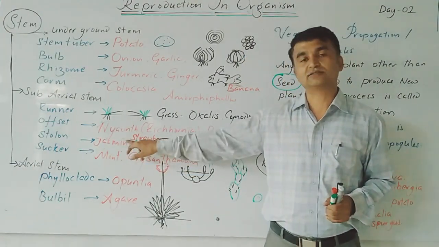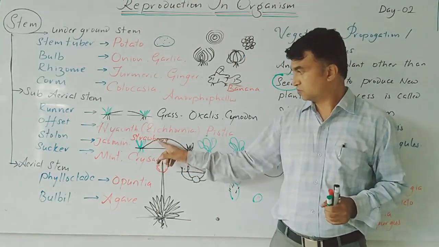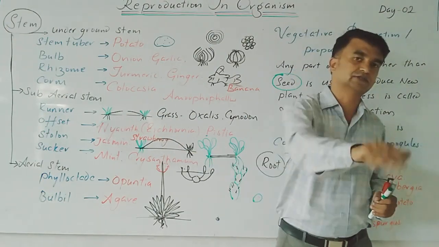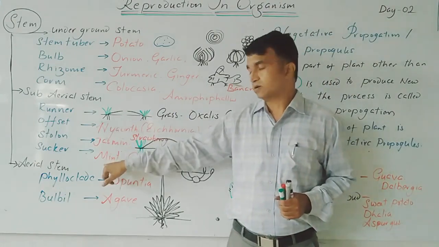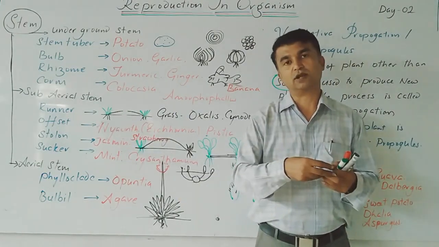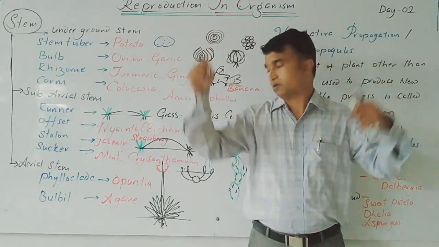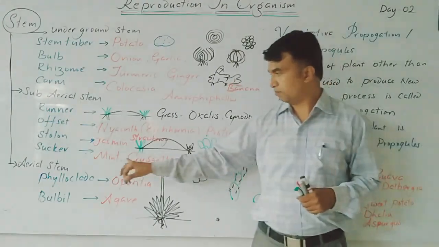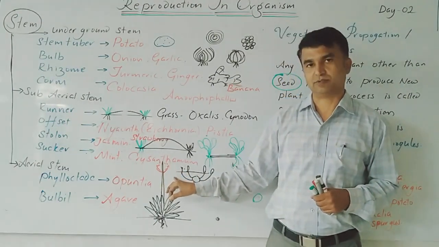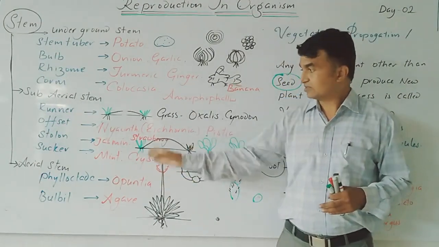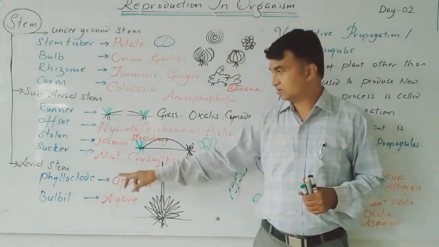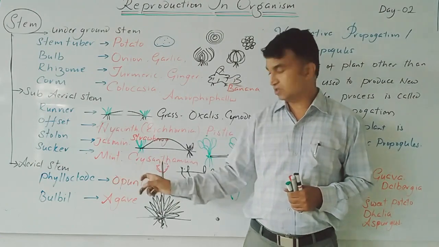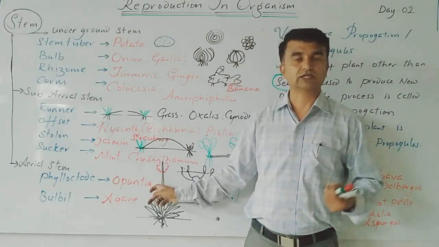Stolon, example jasmine and strawberry. This will go a little bit obliquely, and again it touches the ground. Next one, sucker: from the rhizome, the branches will arise, run obliquely and come above the ground and produce the plant. Example, mint and chrysanthemum. These are subaerial modifications. Aerial modification means phylloclade seen in opuntia or cactus plant.